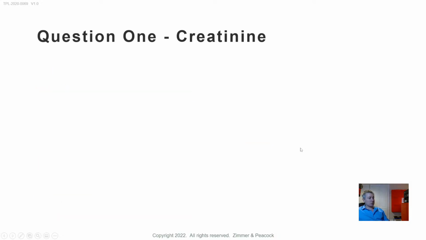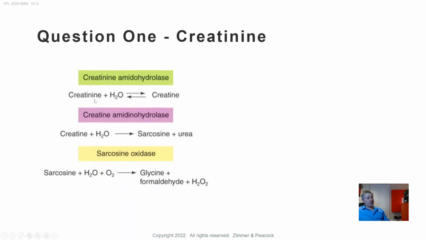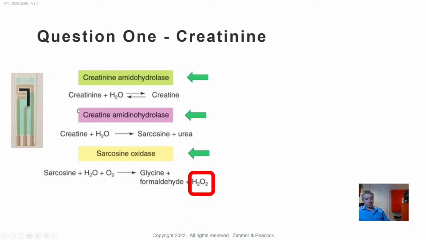Now, question number two is creatinine. With creatinine, I've done some literature searching just quickly on this. You can have what I would call an enzyme cascade of creatinine amidohydrolase, creatine amidohydrolase, and sarcosine oxidase. Again, I would do it on the HyperValue electrode, and you can end up using this cascade of enzymes to produce hydrogen peroxide.